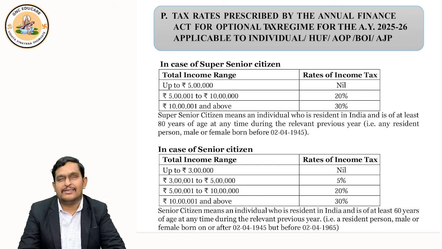Absolutely wrong. This is not the way it is done. Then what's the right way? When 6 lakhs is his income, up to 5 lakhs, zero tax. If the income is between 5 lakhs to 10 lakhs, 20%. Actually, how much is it? 6 lakhs.